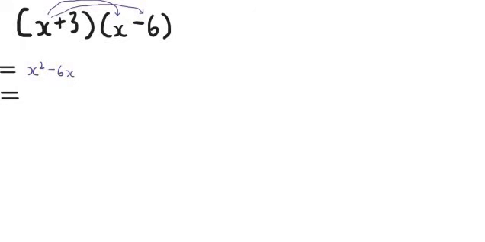Then you have plus 3 times x equals plus 3x. Then you have plus 3 times minus 6, which will give you minus 18.